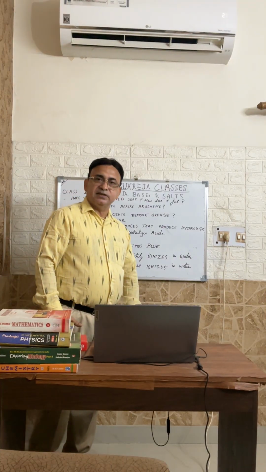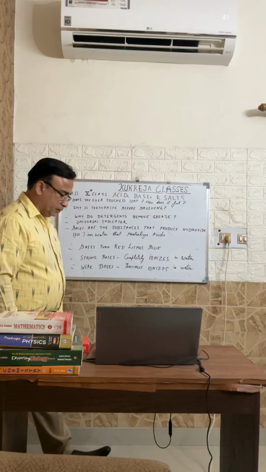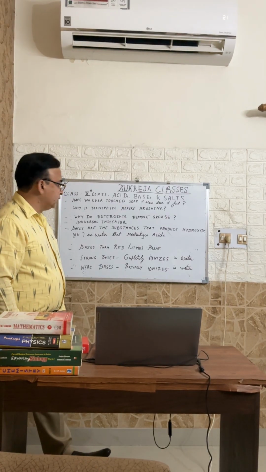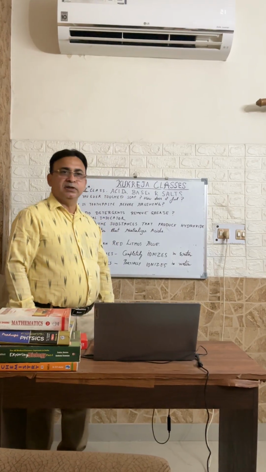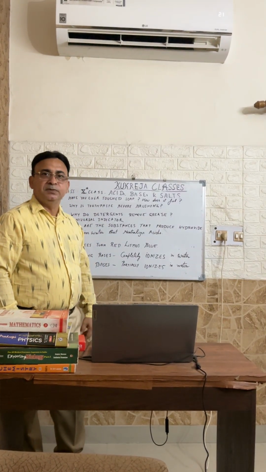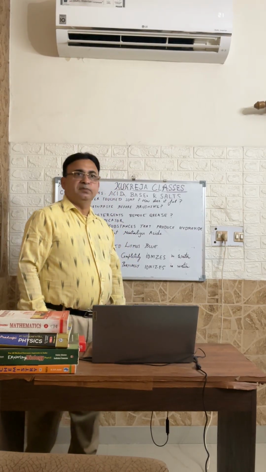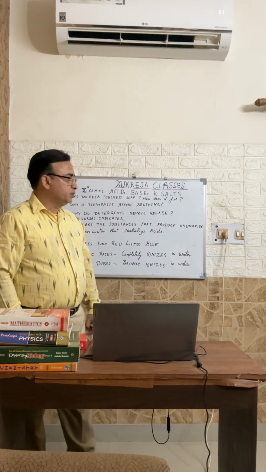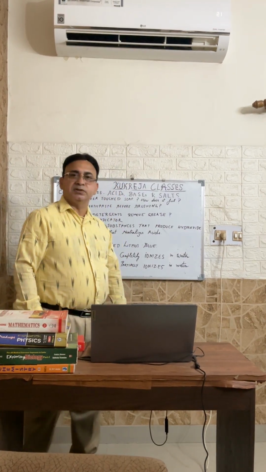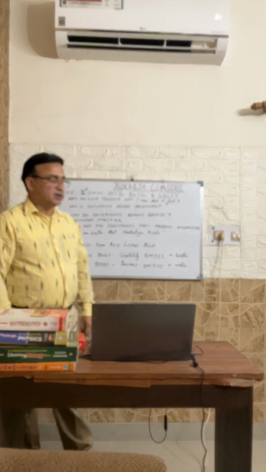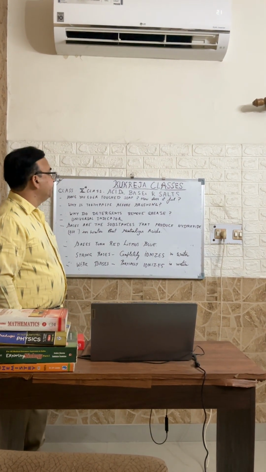Moreover, if we go for the uses of the bases, they are used in making soaps, detergents, and like sodium bicarbonate, baking soda, and magnesium hydroxide, which we use to prevent acidity in the stomach. So these are some uses of the bases.